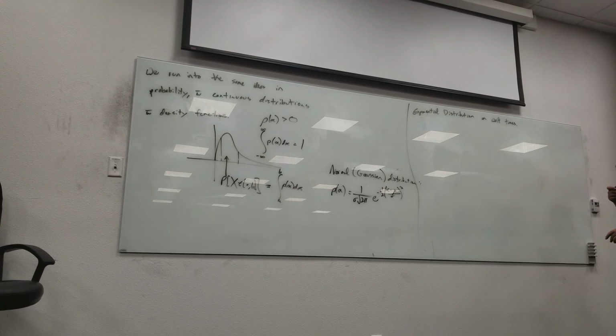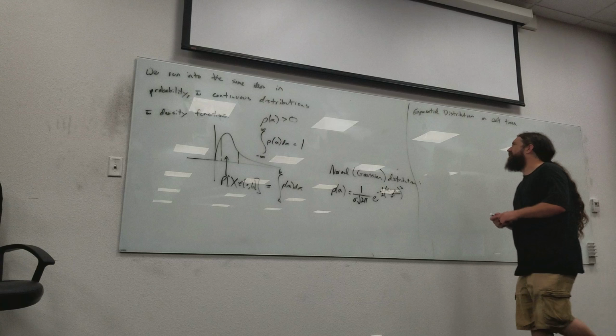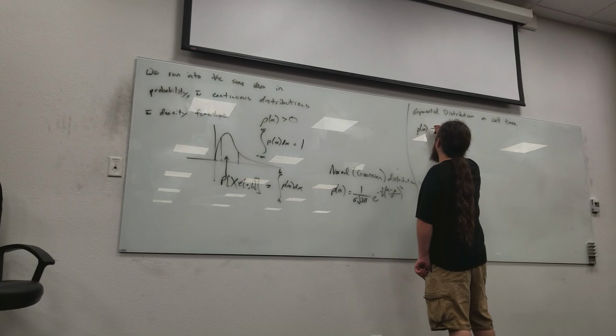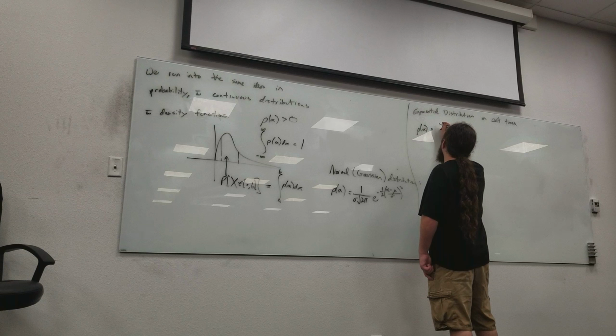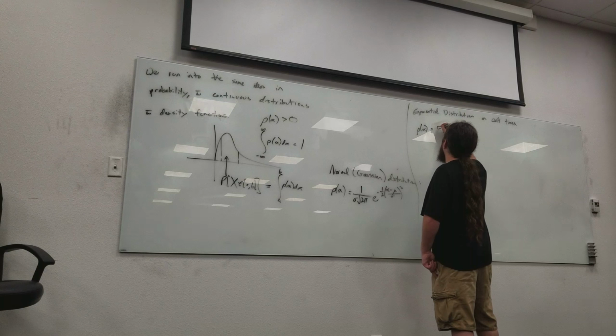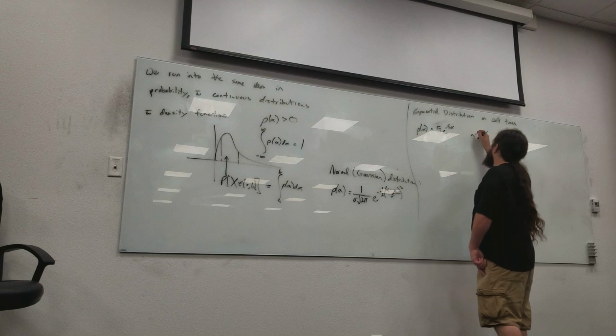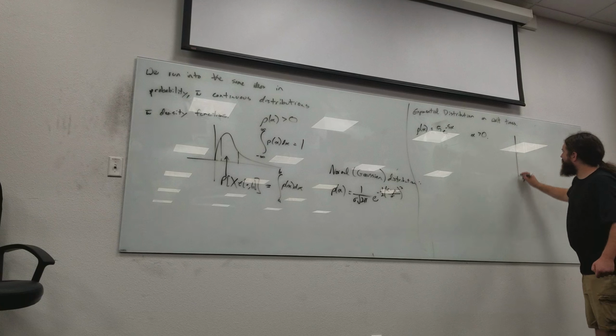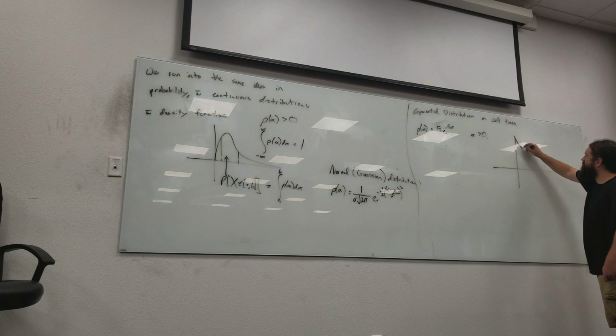All right, so exponential distribution on wait times. All right, so your density rho of x is, let's see, actual number in it. Yeah, like 5e to the negative 5x. Okay, and that's just on x greater than 0. So what that says is, here's your density function.